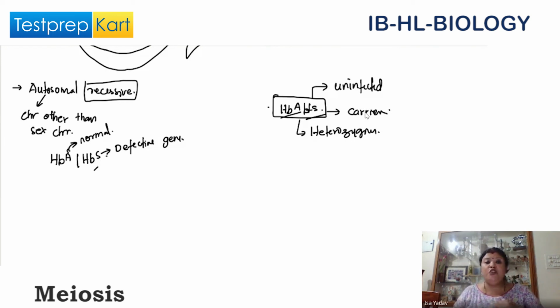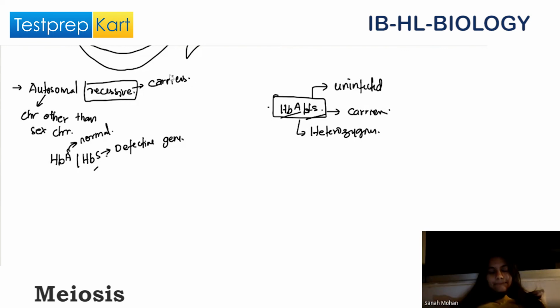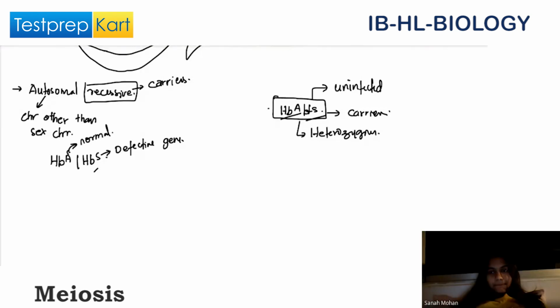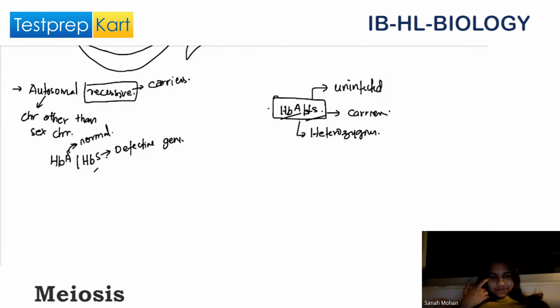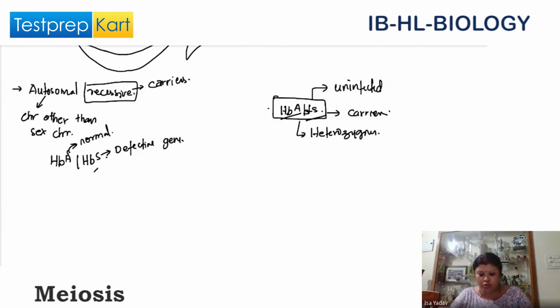Carriers meaning not showing the disease but can pass it to the next generation. Since it is recessive, recessive will always have carriers. This point is clear. If you have not understood, Sana, I'll explain again. You tell me whether it is clear or not. Tell me where you missed.